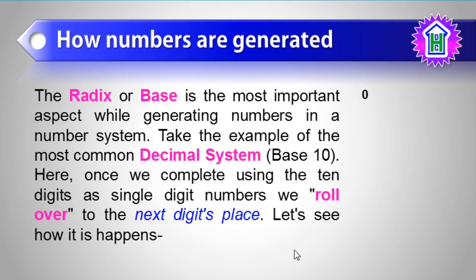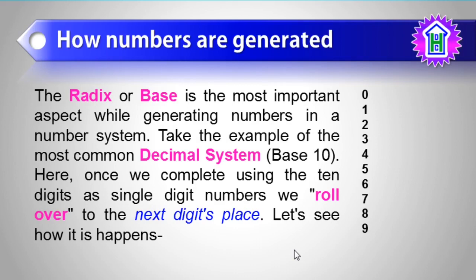We are starting from 0, 1, 2, 3, 4, 5, 6, 7, 8, 9. And as we have completed 0 to 9, we have used all the possible digits. Now there is no more digit.